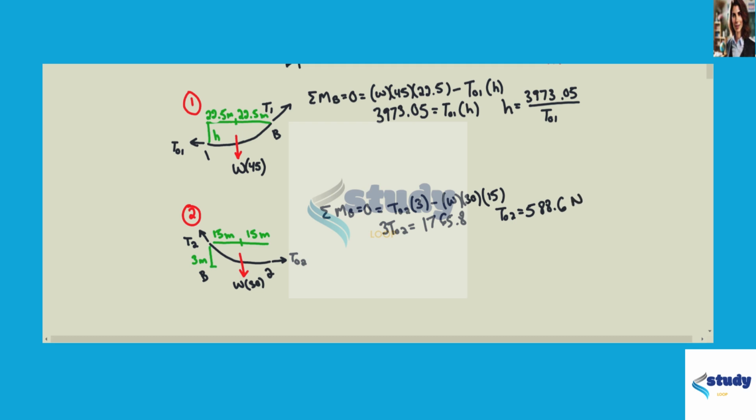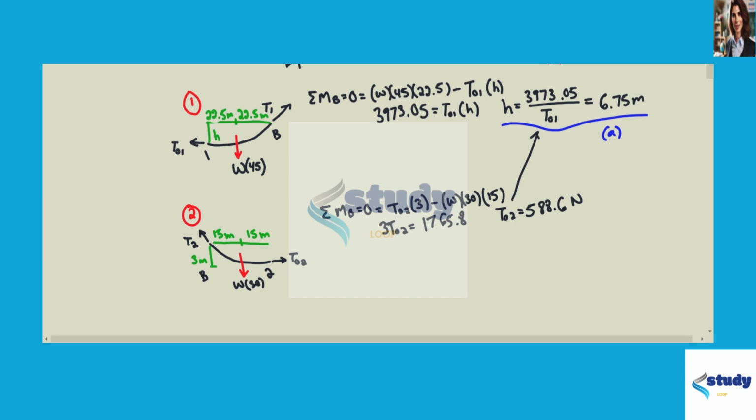From the side note at the top, T02 equals T01, so we can plug this in and solve for h, which equals 6.75 meters. This is the solution for part A, the sag of the first cable.